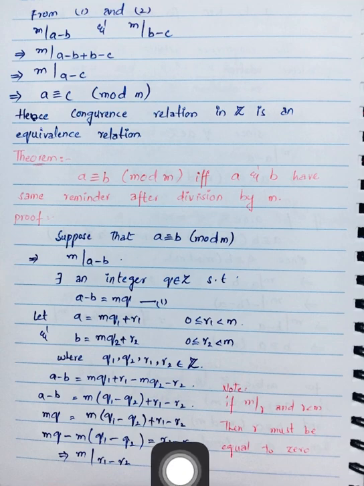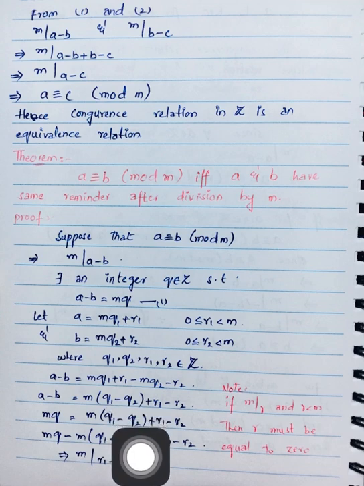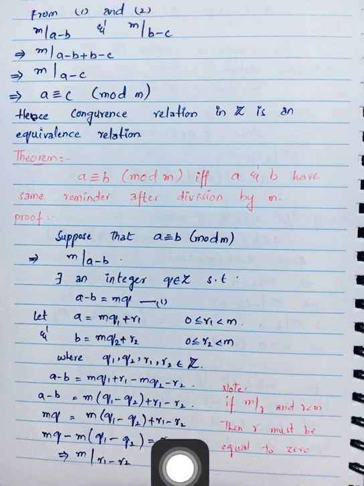So I can write this equation as m divides r1 minus r2. This is also a theorem about divisibility; we discussed this result earlier. So by this result, m divides r1 minus r2.